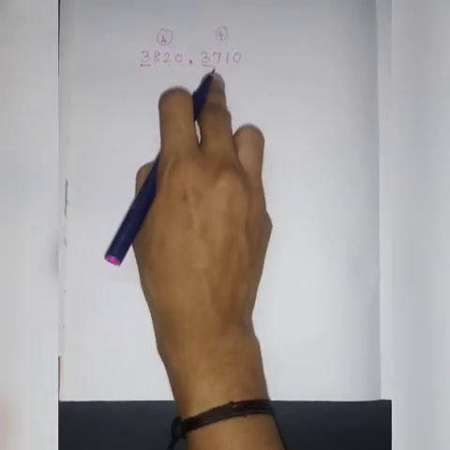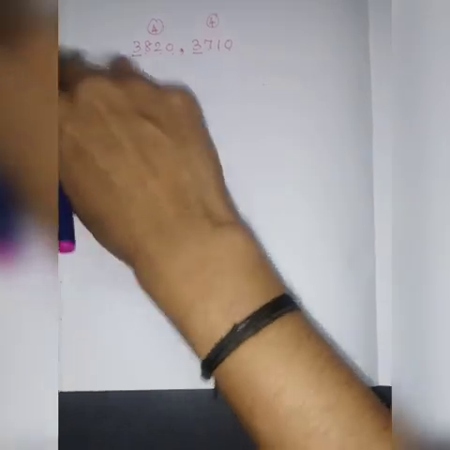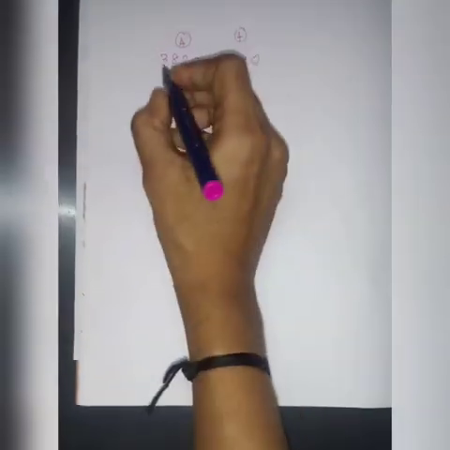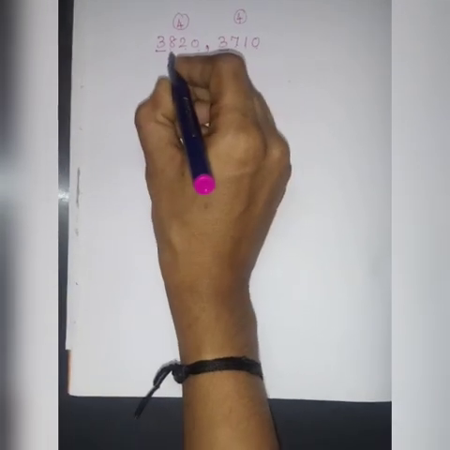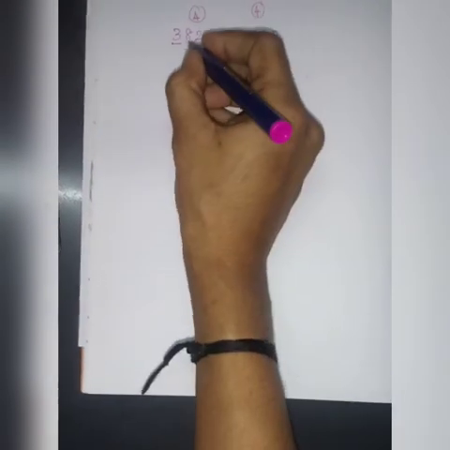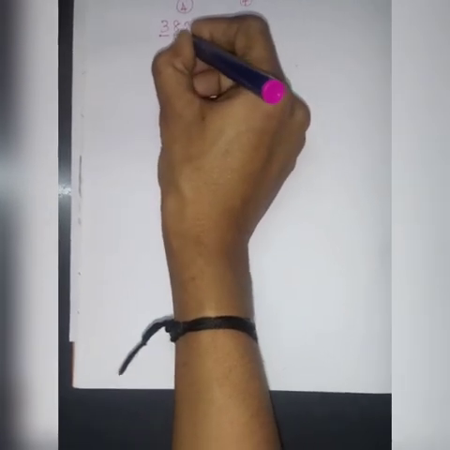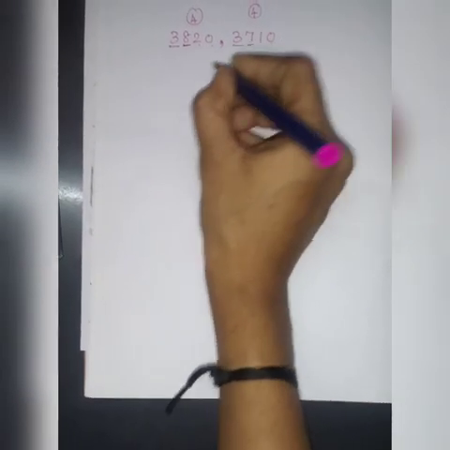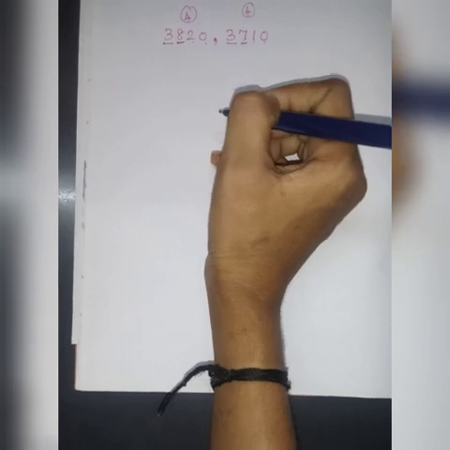Both are the same. Then what will you do? You go to the next digit. That is your rule 3. If the first digits are the same, you go to the next digit towards the right side. What is the next digit? 8 and 7. So is 8 greater or 7 greater? 8.